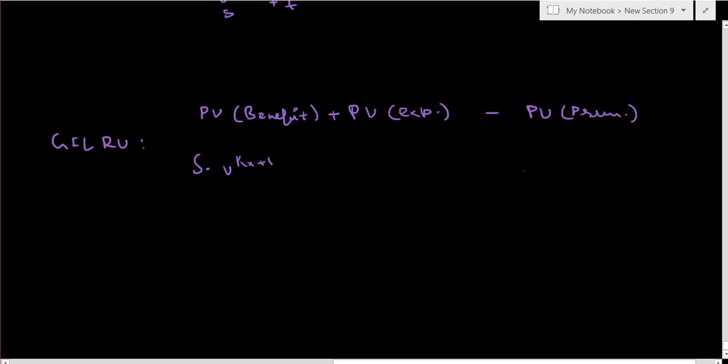Then the PV of premiums would be the same as before, but with G this time. We are not using the standard notation P for net premium, but the gross premium, which is calculated including the expenses too. So G times a-double-dot of K_x plus 1. These premiums are payable at the beginning of every year, from time 0, so this is the same as always.